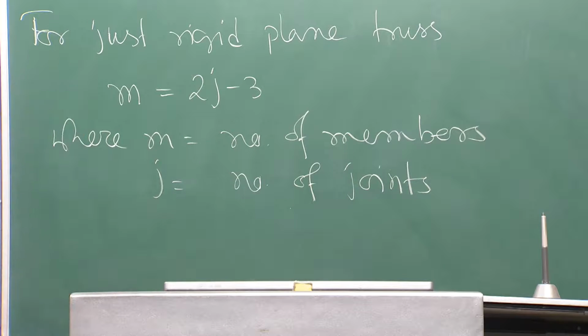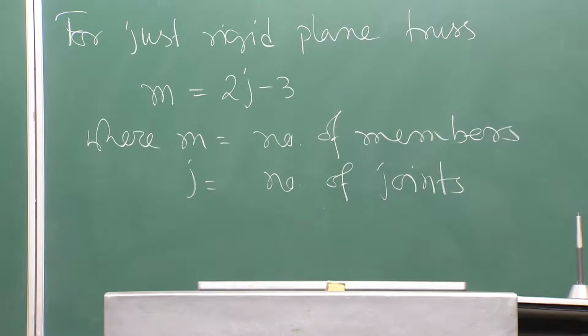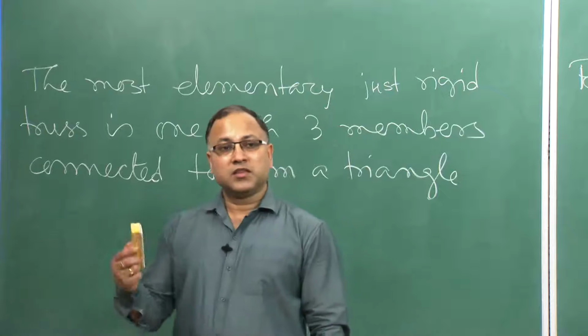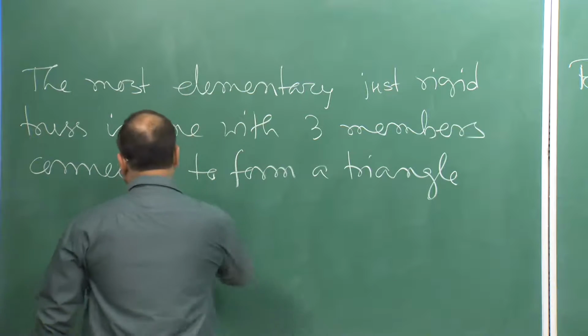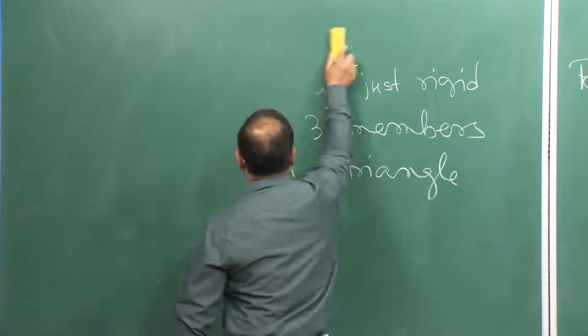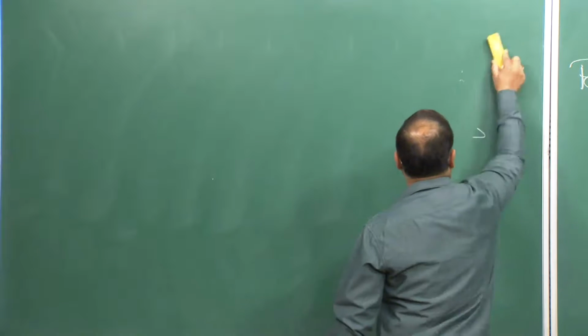Okay. So, if this relation is satisfied, then you can say this is my just rigid structure. Now, let us check with the 3 member system which will make a triangle.